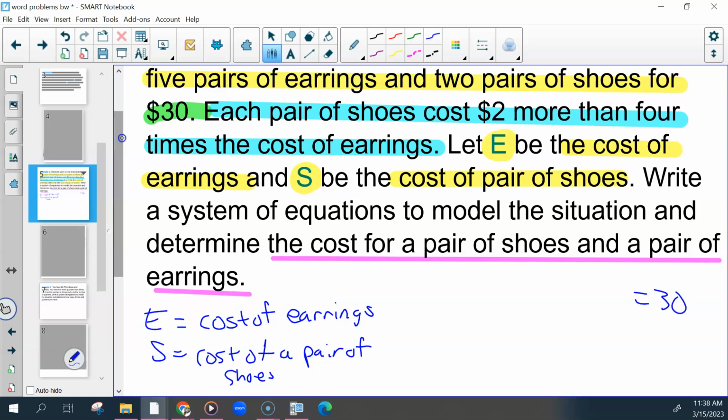And even though I said money goes together in the last example, because the 5 pairs of earrings and 2 pairs of shoes total up to 30, those are all going to go together. That sentence. So how could we set up that 5 pairs of earrings and 2 pairs of shoes for $30? What do you think?